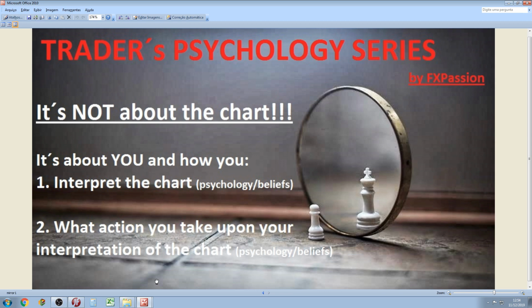So we need to journal, and we need to be aware, and we need to find patterns when the trades go well, and we need to find patterns when trades go bad. And when we find patterns, we can improve.